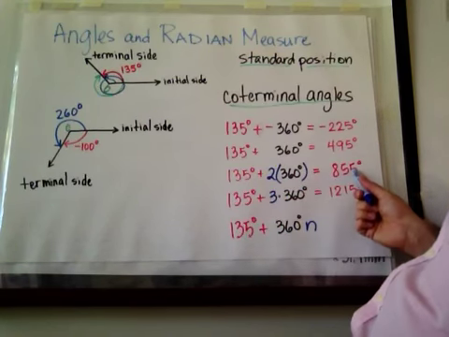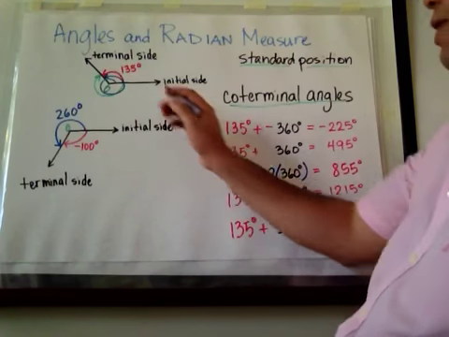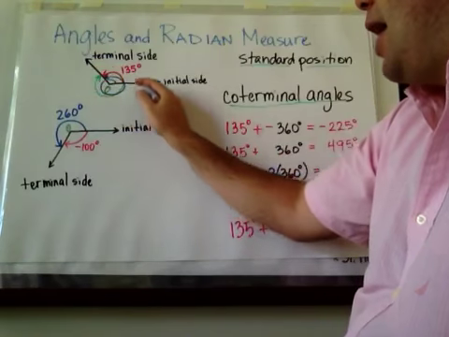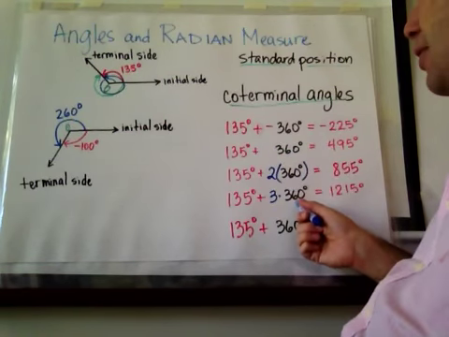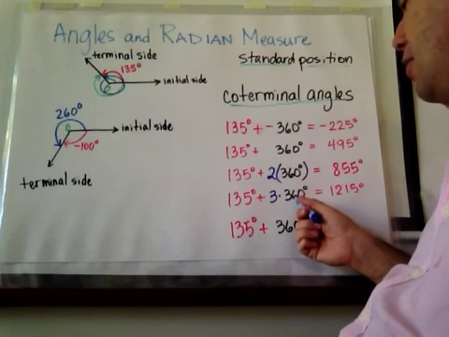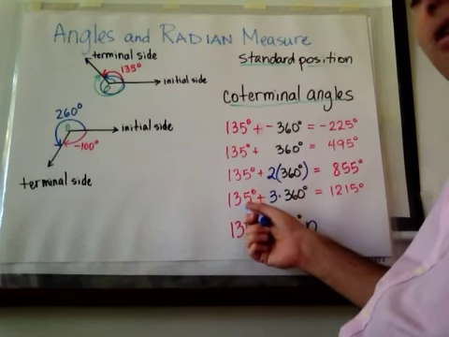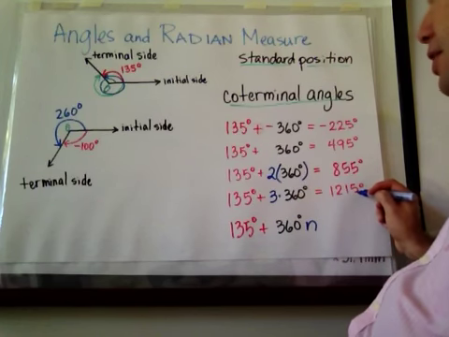This angle is also coterminal with 135, and this would be, take the 135 and go twice more around. We could go 3 times more around and find another coterminal angle, and that would be 3 times 360 degrees plus 135 degrees, 1,215 degrees.